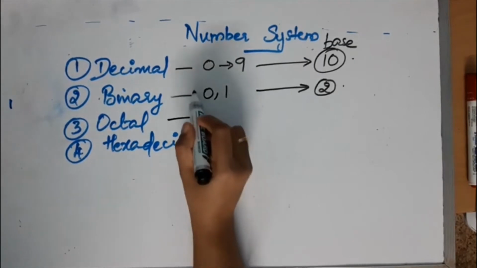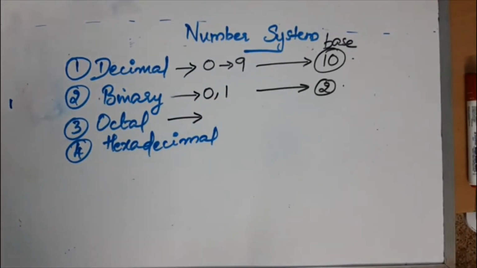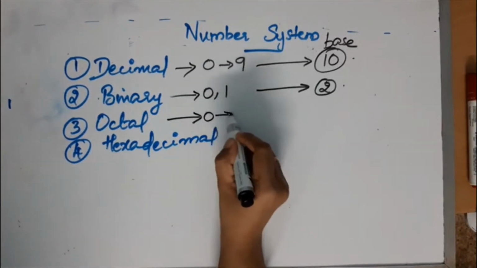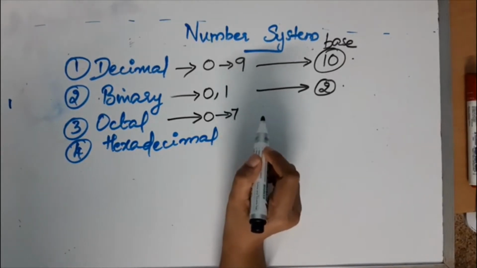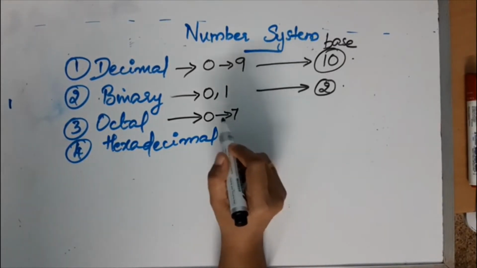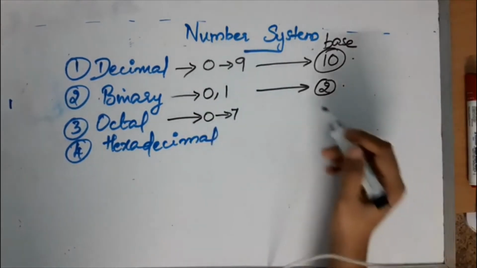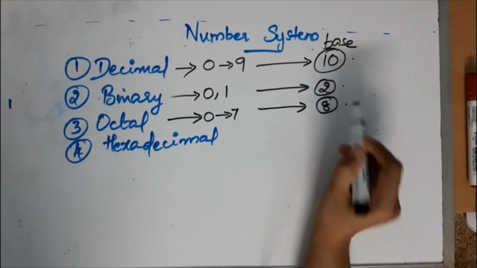Octal means 8. So it has 8 numbers in total. 8 numbers in total means it deals with 0 to 7: 0, 1, 2, 3, 4, 5, 6, 7. There is no 8 in octal. So the base is 8.